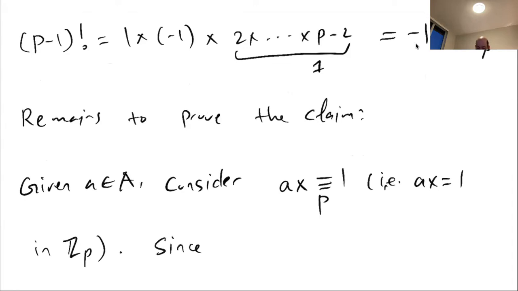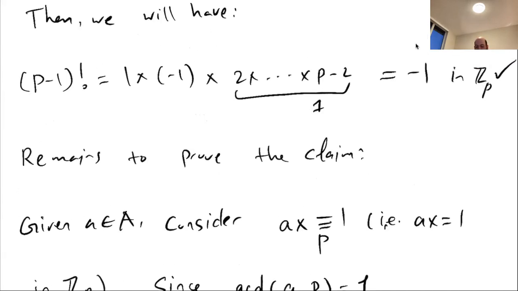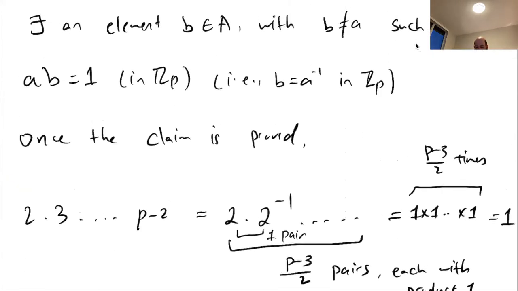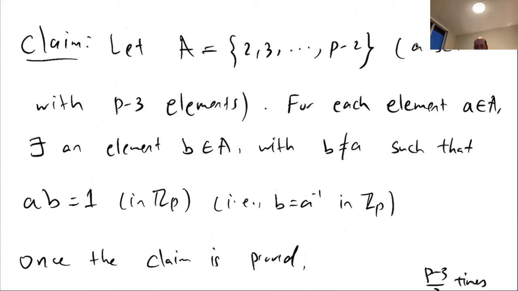Since GCD of A and P equals 1, because P is prime and A is some number between 2 and P minus 2.